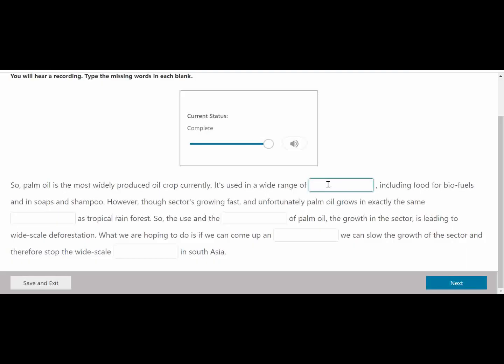So first is wide range of industry. So here it is wide range, which means this is talking about the plural form. So here it is industries. So check your spellings of industries. Next is environment. And next is development.